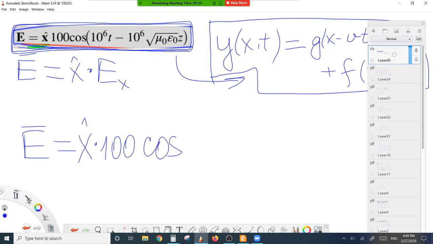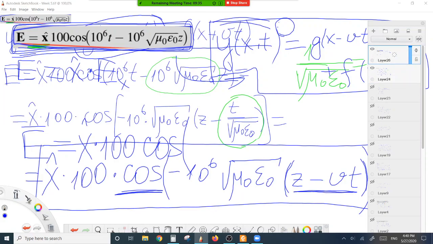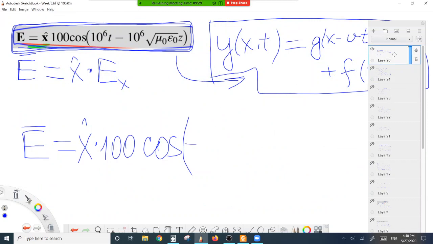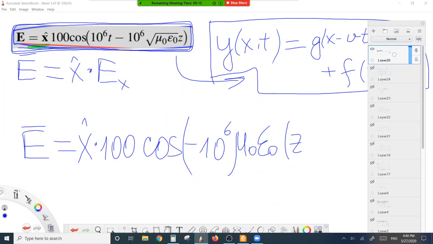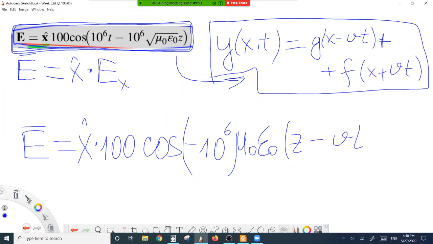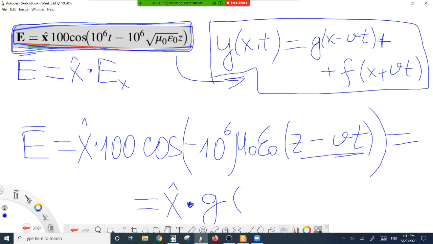So x multiplied by 100 cosine of minus 10 to the 6 square root of mu 0 epsilon 0 times (z minus vt), or we can write this as x multiplied by some function g of this argument, z minus vt.